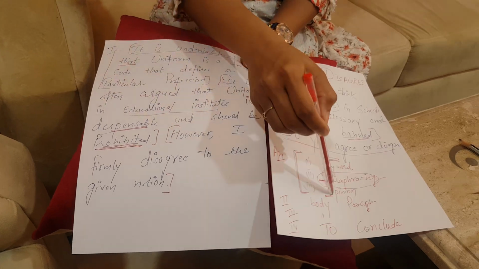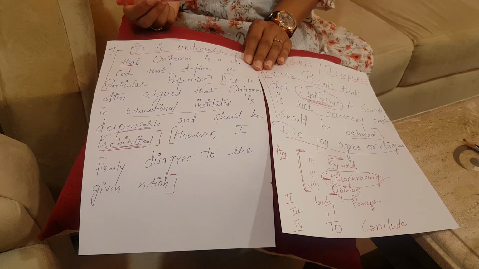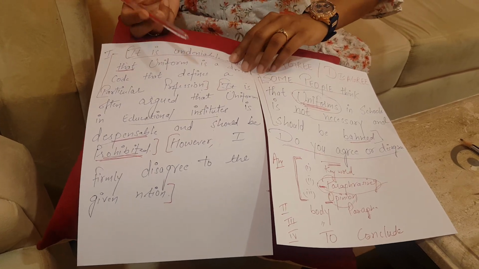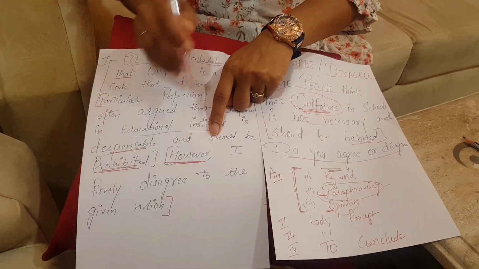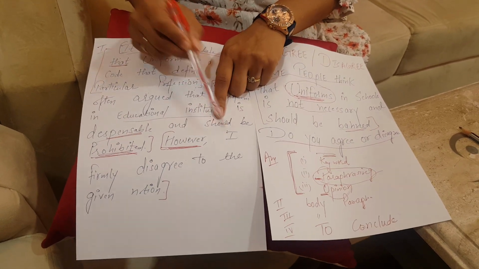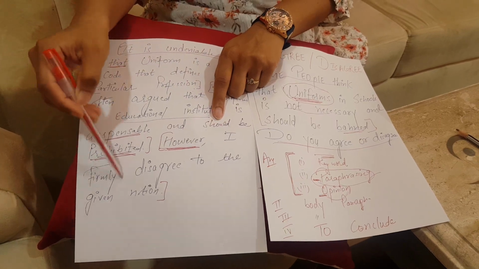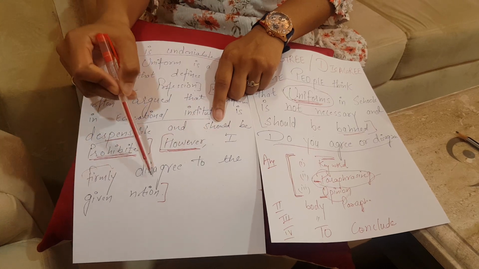Now, the third thing is your opinion. What is your opinion here? Opinion is, however, a transition word. You can even use nevertheless, however, I firmly disagree to the given notion.